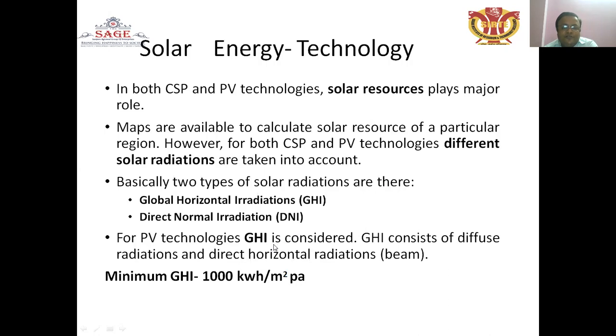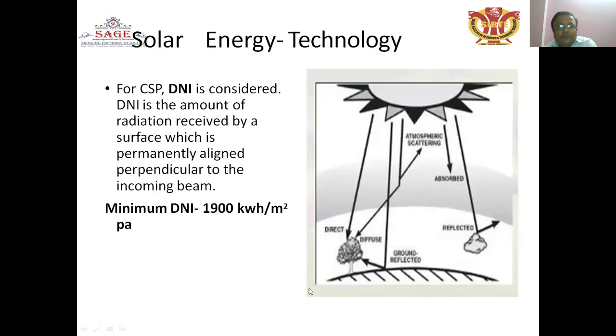GHI consists of diffuse radiation and direct horizontal radiation beams. Minimum GHI is 1000 kWh per square meter. For CSP, DNI is considered, which is the amount of radiation received by a surface permanently aligned perpendicular to the incoming beam. Minimum DNI is 1900 kWh per square meter.